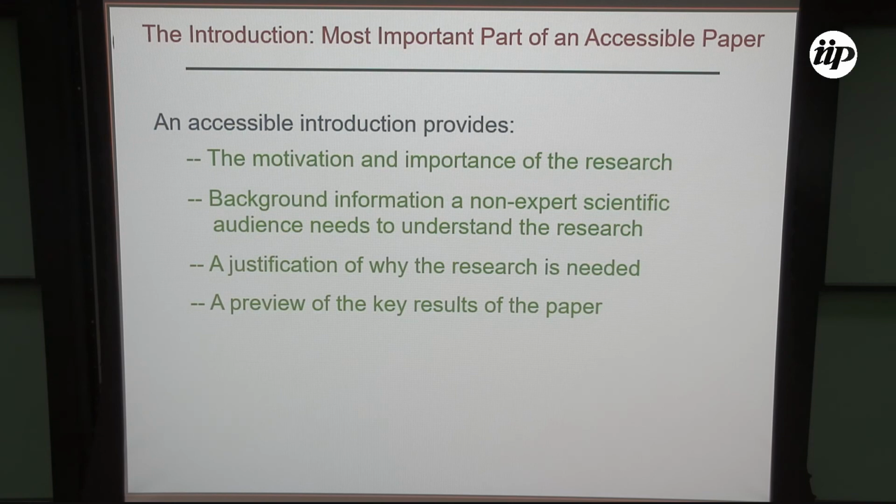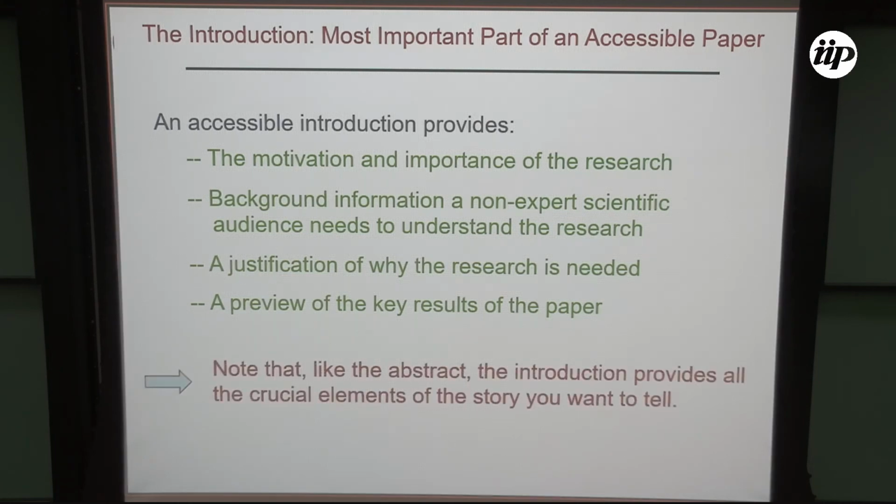So again, an accessible introduction provides the motivation and importance of the research that you have. It provides the necessary background information that you can rely on later on in the paper that helps the non-specialist reader understand some of the details of the field, provides a justification why the research that you're doing is needed, and then provides a preview of the key results of the paper.